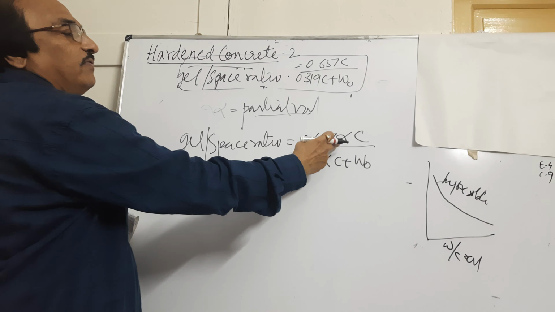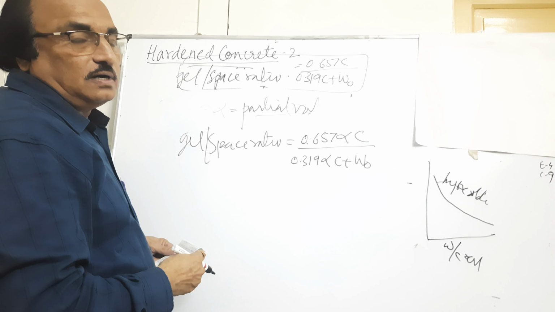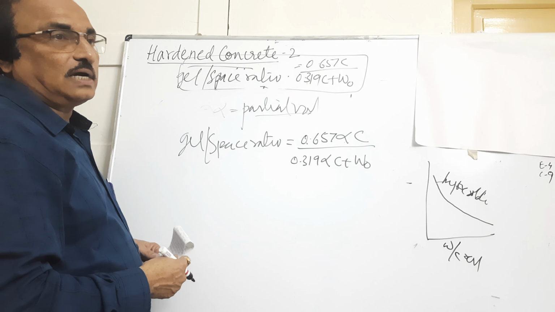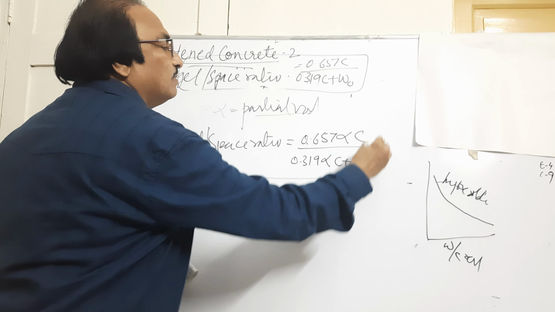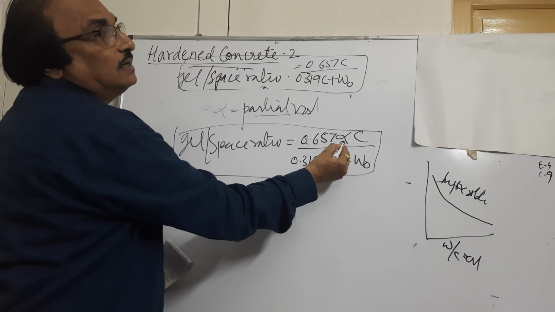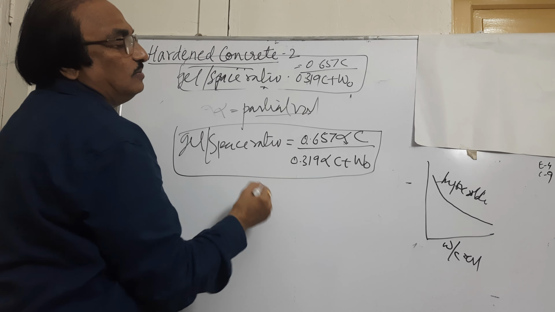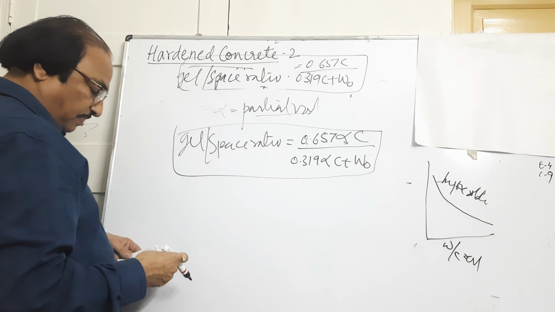So just this alpha term will come into play if there is partial hydration of the cement. So it is better to remember this formula. If 100% hydration takes place, then this is the formula you will get, and this is with the partial hydration of the cement particle.